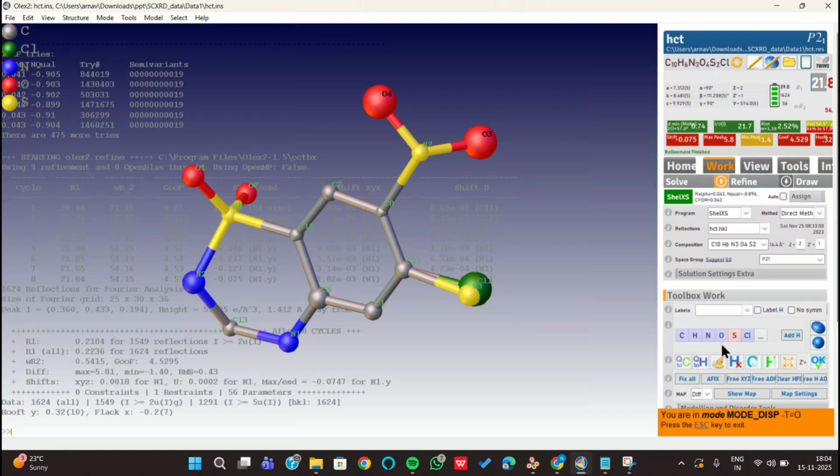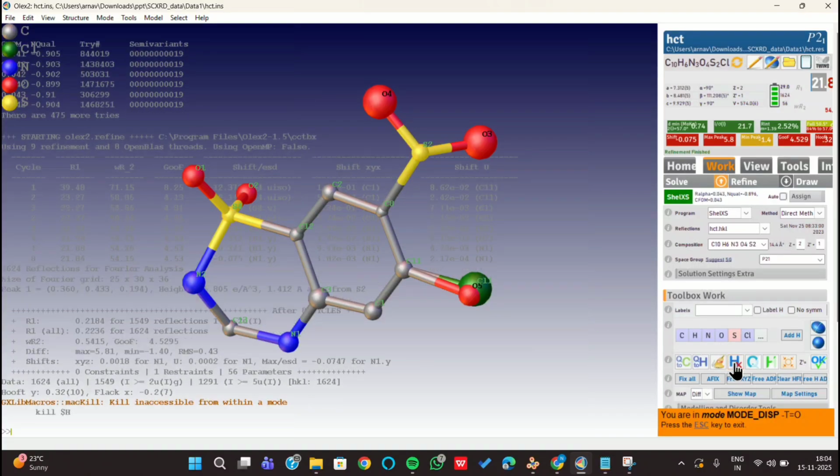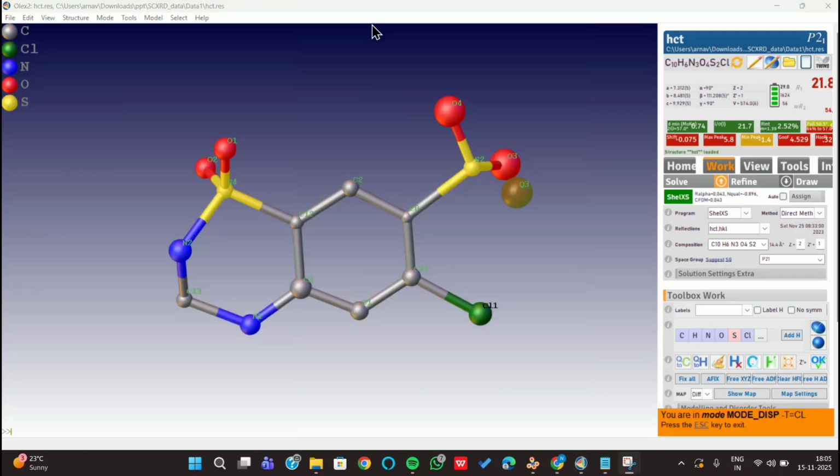Okay, so now with sulfur there was one nitrogen attached, so we'll assign this as nitrogen.